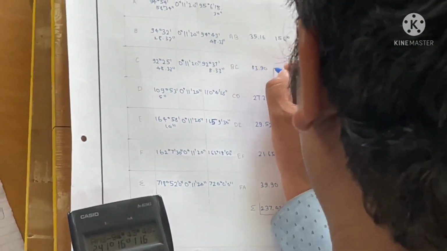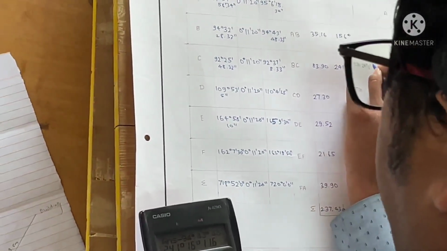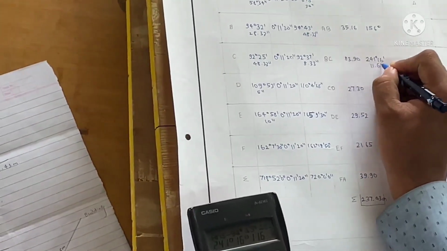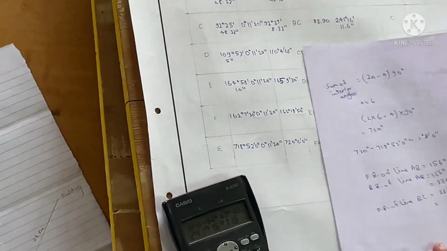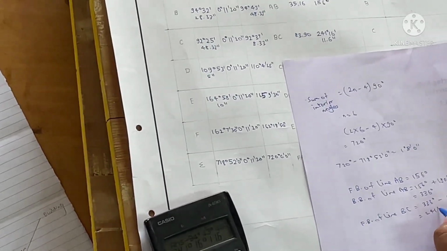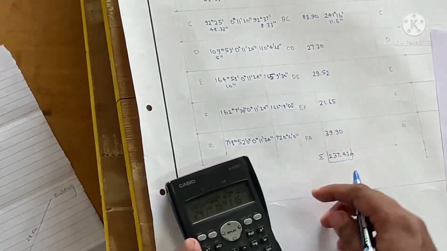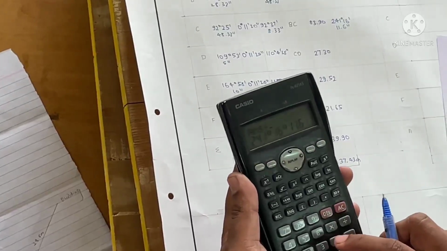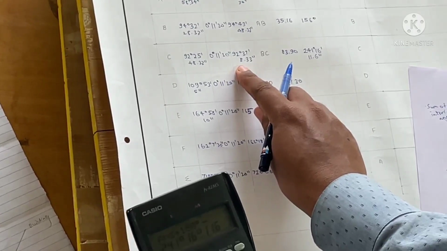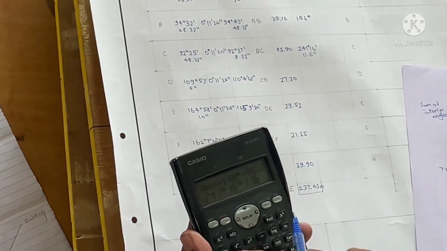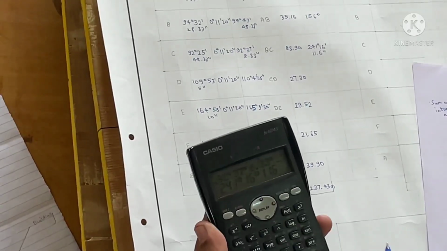So I write down here 241 degree, 16 minutes, 11.6 seconds. According to that we will calculate the further fore bearings, that is WCB. So again I am going to add 180 degree in that and deduct the angle C, that is 92 degree, 37 minutes, 8.33 seconds.